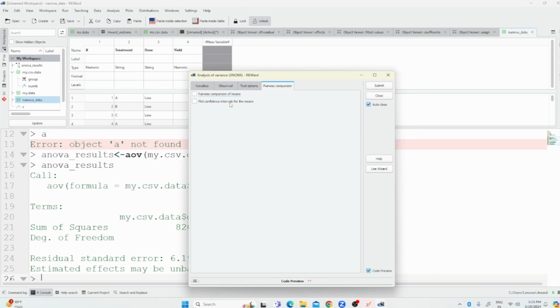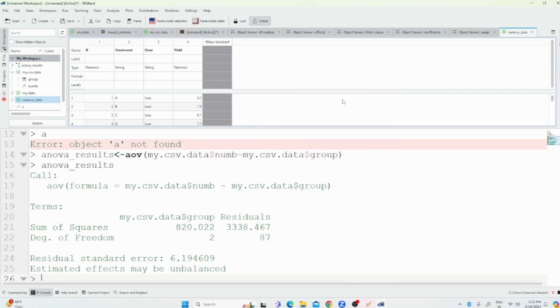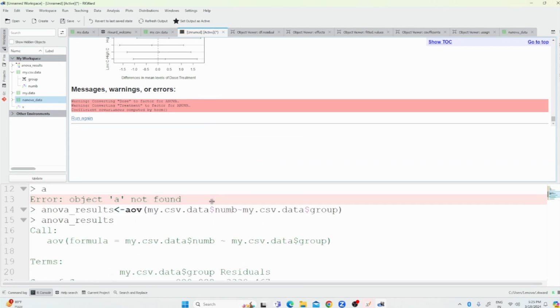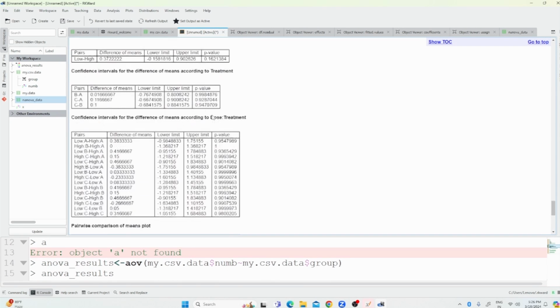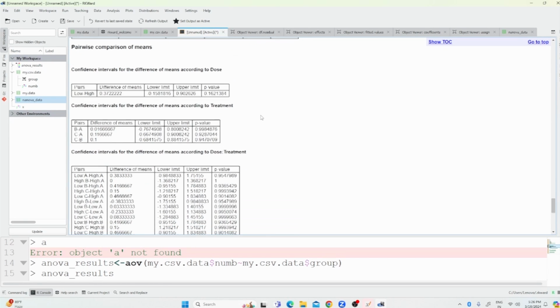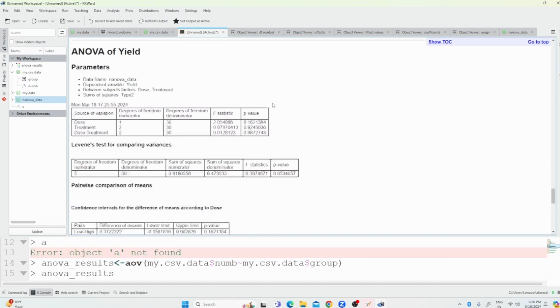ANOVA paired comparison test option. Okay. See, this is working here. It is not creating the file, no problem. That is not an issue. Software has these things.